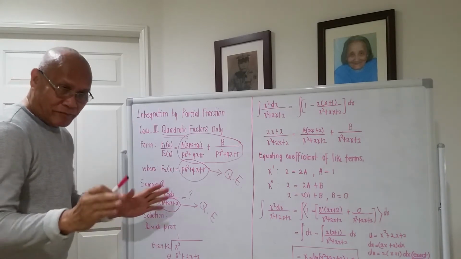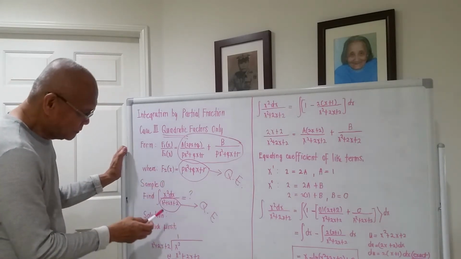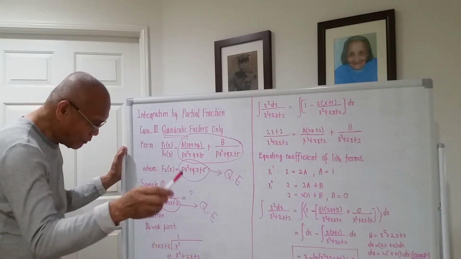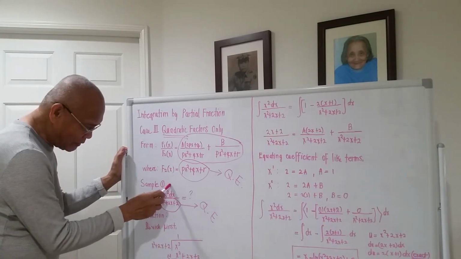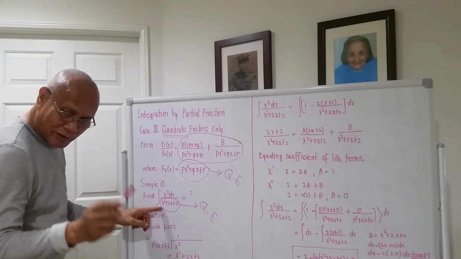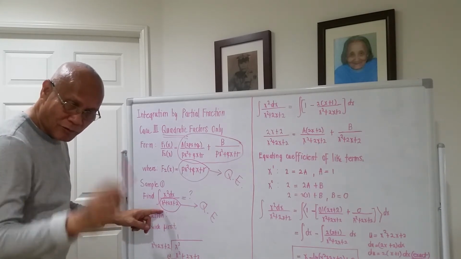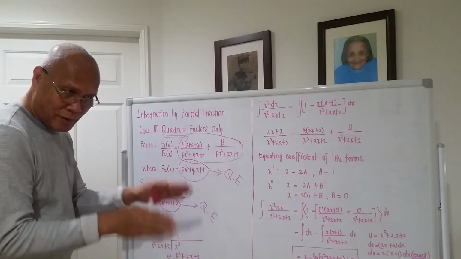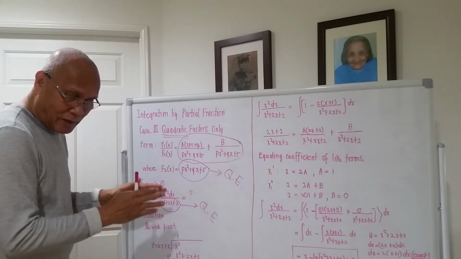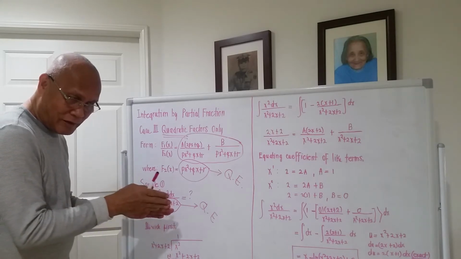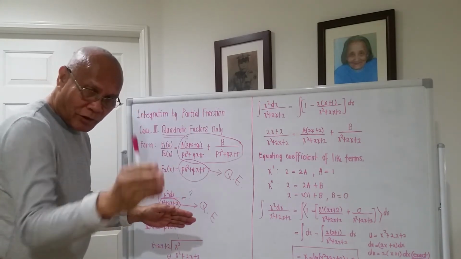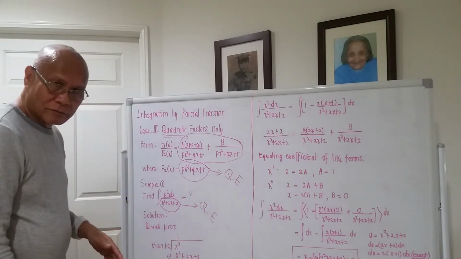By observation, the highest power of x on the numerator is 2, and on the denominator is also 2. It's a rule that if the powers are equal or the numerator has the higher power, before the integration, try to divide first.